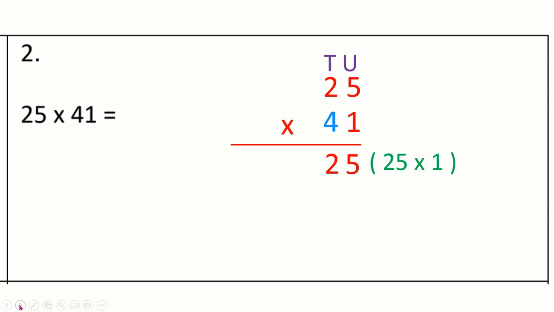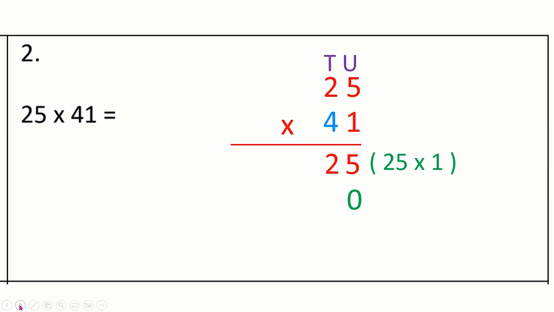Now we have to be careful again, just like the last example. We have to put our 0 in. Because if we don't put the 0 in, we're going to get the answer to 25 multiplied by 4. But since that 4 is in the tens column, it's not a 4, it's a 40.